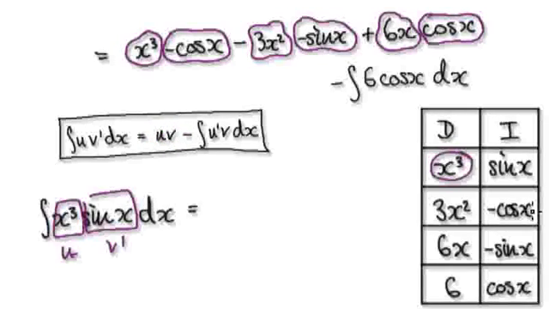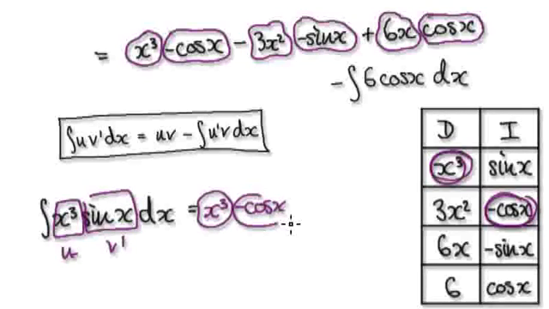Remember, this is v prime, and this here is v. So get u times v. That would be x to the power 3 times minus cos of x, and then you would need to repeat.